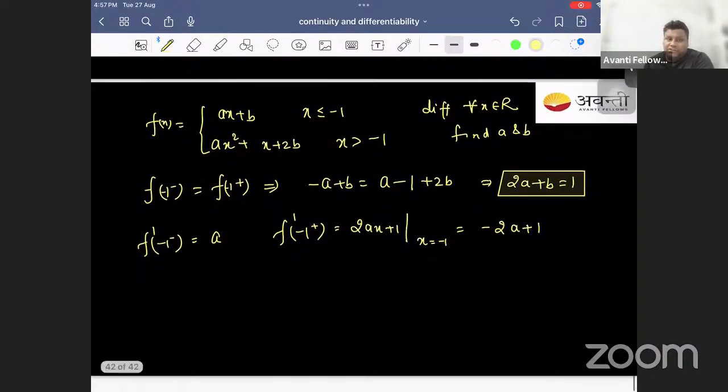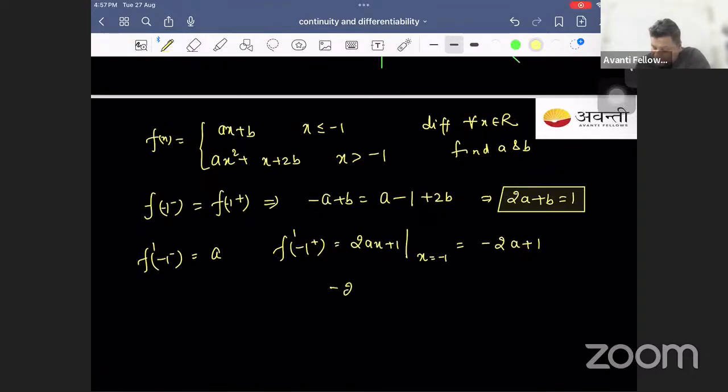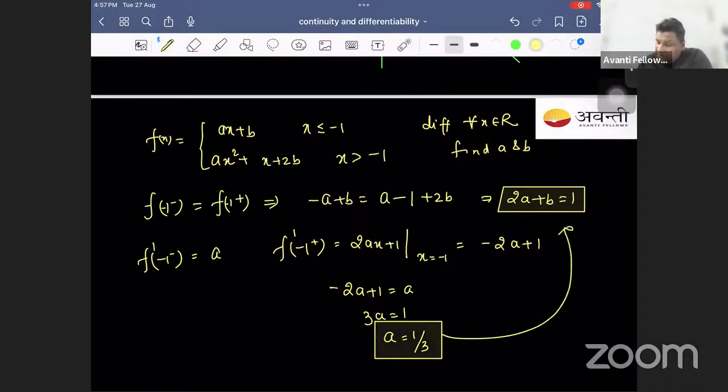Now since it is differentiable, minus 2a plus 1 equals a. So 3a equals 1, a becomes 1 by 3. You put the value of a here, you get b as 1 minus 2 by 3, that is also 1 by 3.